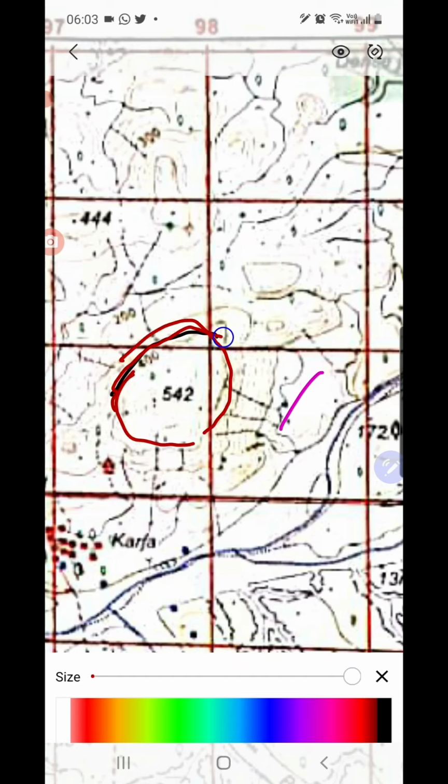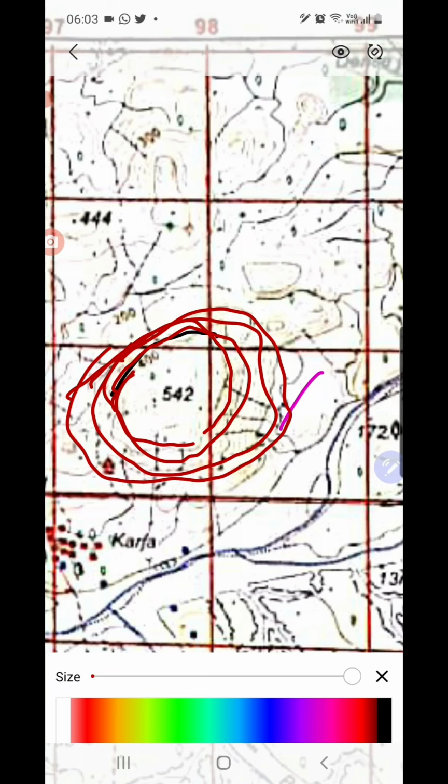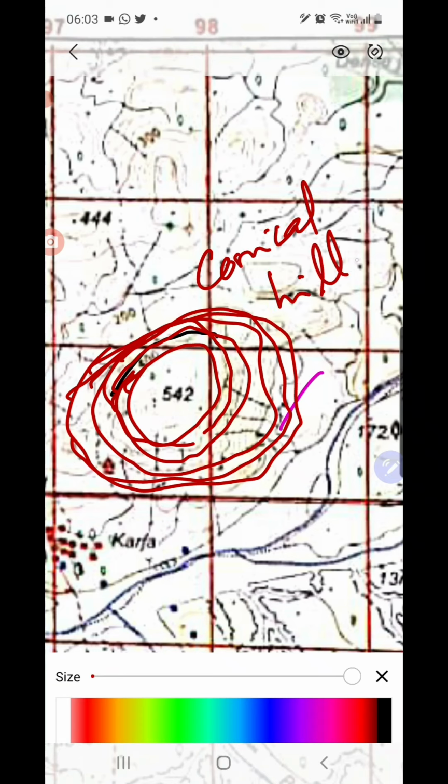If you find this kind of figure formed by contour lines, you can call it a conical hill. This is a physical feature, and 542 shows the height of this conical hill. Okay, let's see the next question.